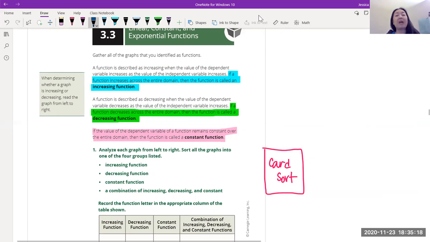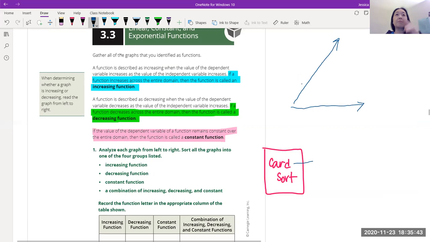But the more official term is, let me do that one more time. Sorry, as we're going to the right, remember our x is getting bigger, right? So as our x is getting bigger, if our y is also getting bigger, that's increasing.